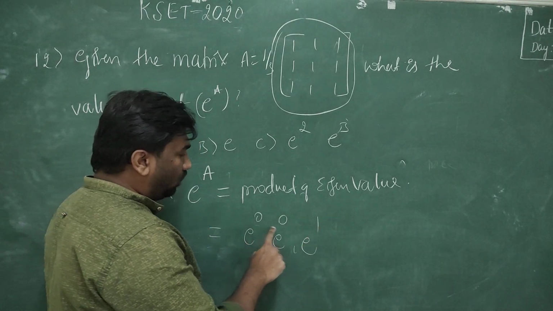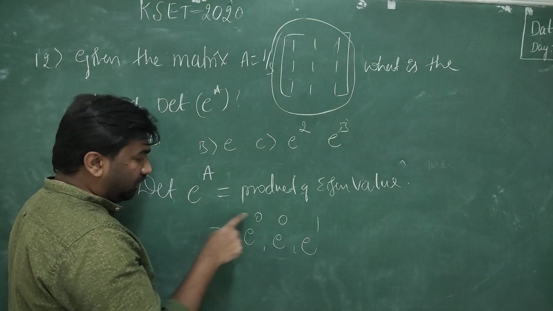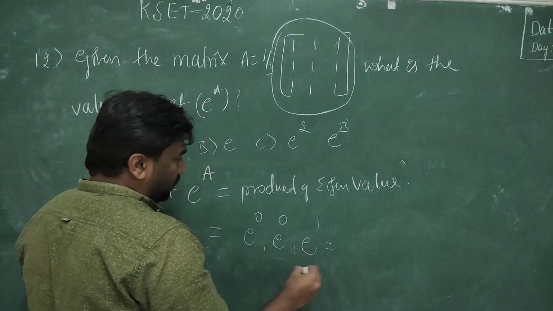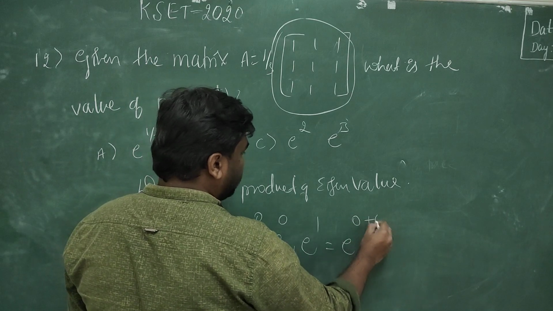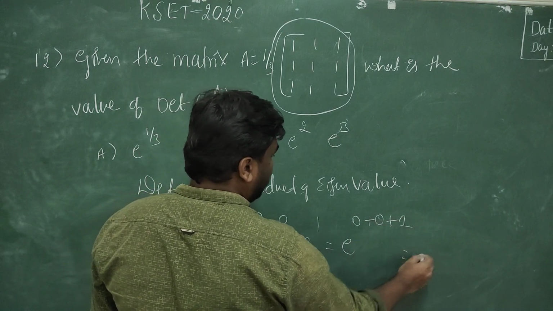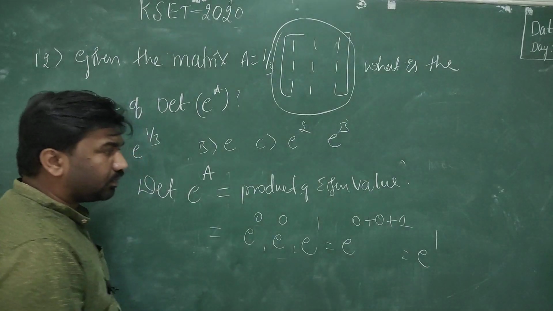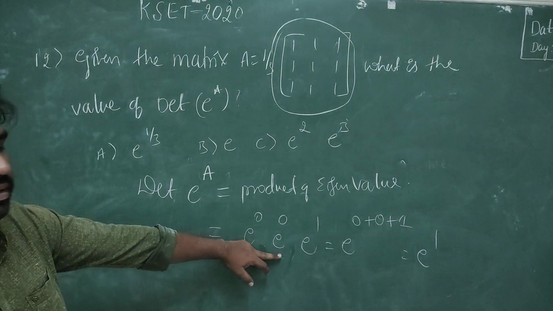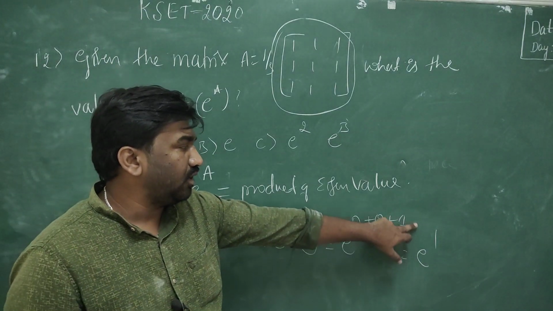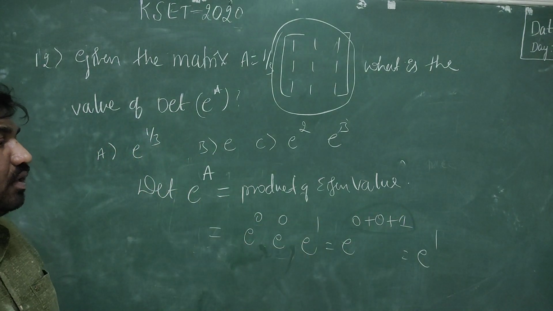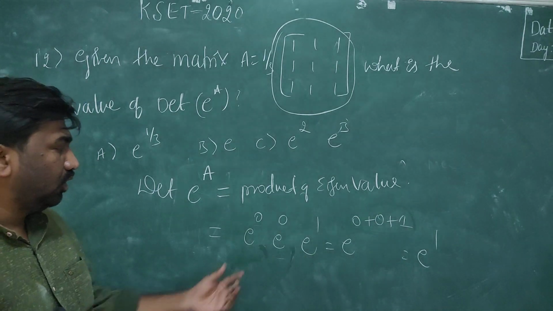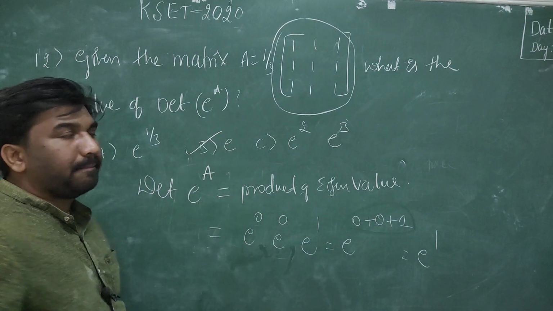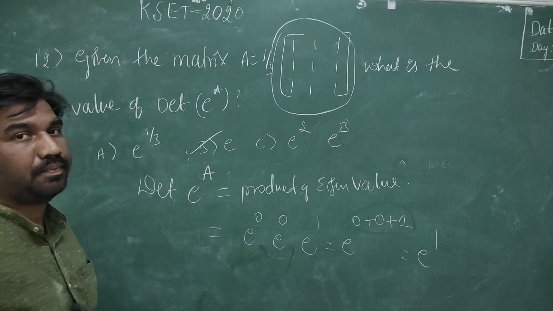The product is e power of the sum of the eigenvalues, e power 0 plus 0 plus 1. So the answer is e power 1, the exponential of the sum of the eigenvalues, which is the product of the exponentials. So option B is correct.